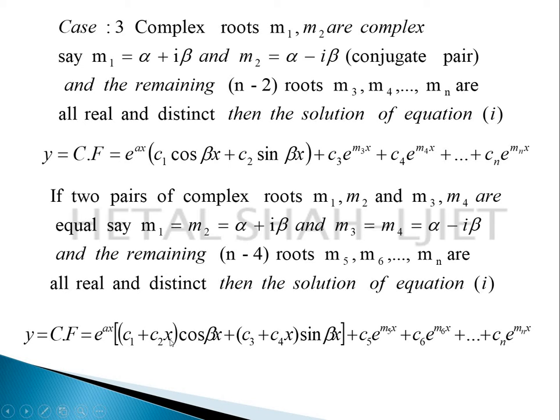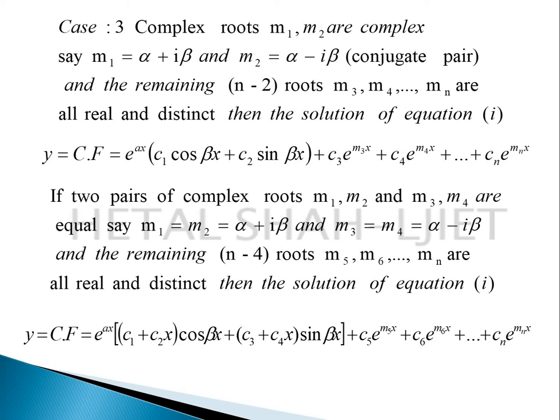Here we use the rule for the repeated root, that is (c1 plus c2x) cos beta x, (c3 plus c4x) sin beta x, and the remaining roots c5 e raised to m5x, c6 e raised to m6x up to cn e raised to mnx.